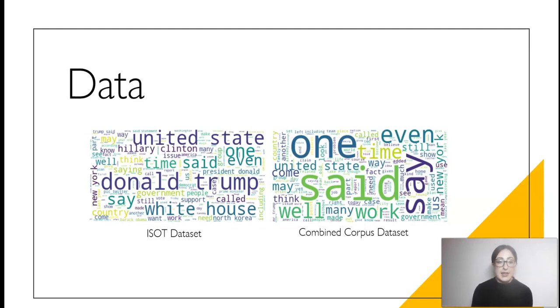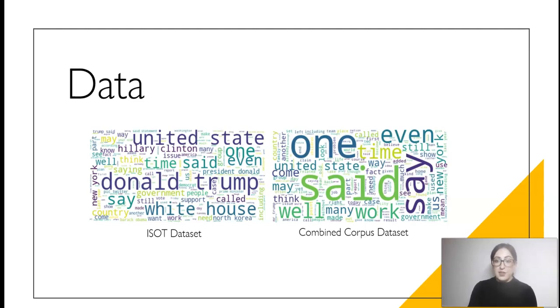Looking at a word cloud of the most frequent words in the ISOT dataset, it's quite obvious that this dataset is very much focused on US politics, and in particular on the 2016 presidential election, with the largest words being Donald Trump, and then we can also see White House, Hillary Clinton, United States, government. So the scope of this dataset is quite clearly focused around US politics.